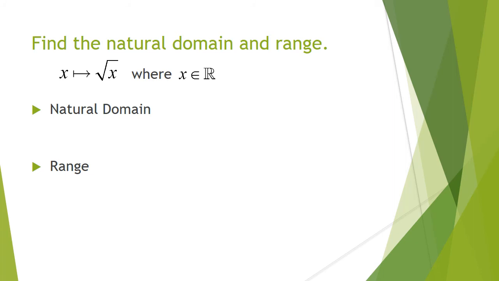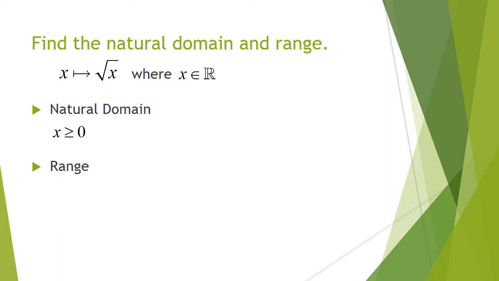If you think about the square root of X, we know, because we've done this many times, we can only put 0 or positive numbers in for X. If you weren't sure about that, you could try to sketch a graph, but sometimes domain comes down to knowing functions. So in this case, what we know is that since our input has to be greater than or equal to 0, that's also our domain.